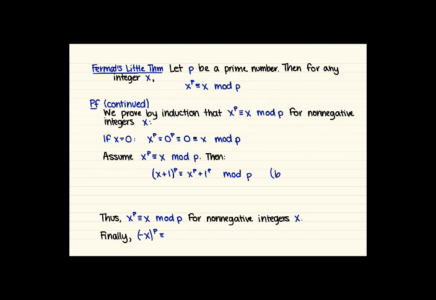This is by our second claim. And then x to the p is congruent to x by assumption, and 1 to any power is 1. So we've got x plus 1 mod p.